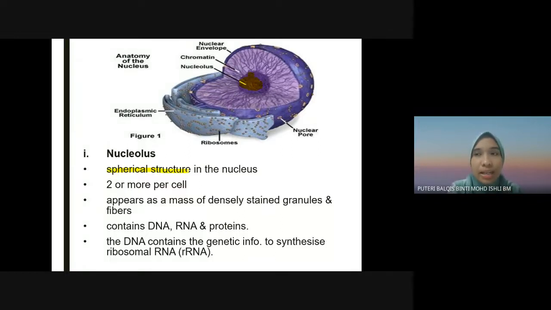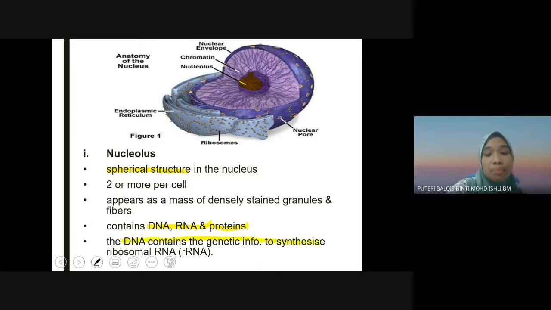So bayangkan DNA yang sangat-sangat kecil ni boleh bawa banyak information, untuk pass kepada sel-sel seterusnya. Okay, so it appear as mass of densely stained granules and fiber. It contains DNA, RNA, and proteins. Di DNA ada apa?